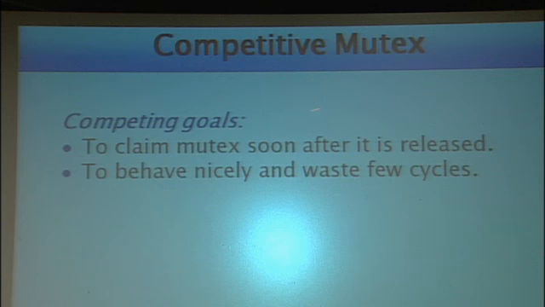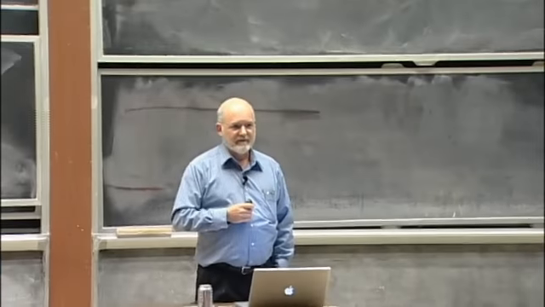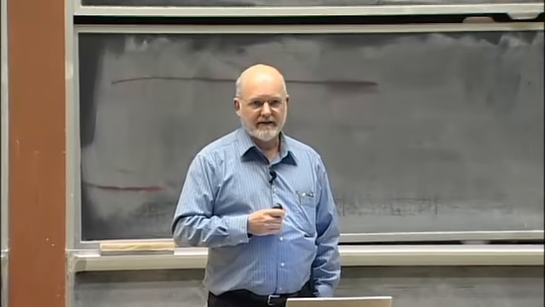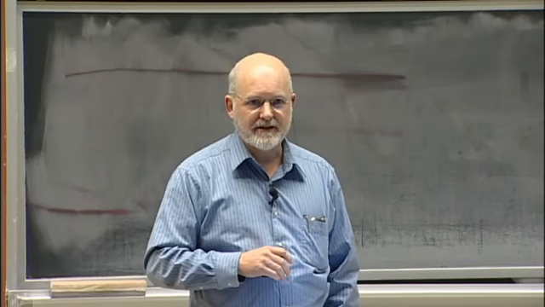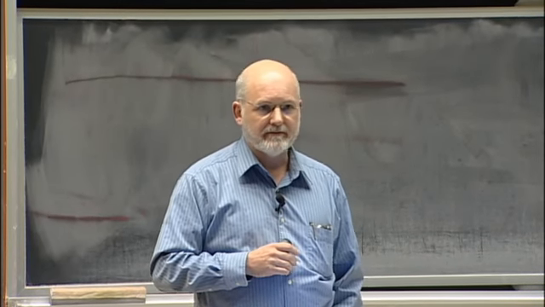One of these goals is the spinning mutex does a great job of claiming the mutex soon after it's released. The yielding mutex behaves nicely and wastes few cycles. How about, is there the best of both worlds? There's certainly the worst of both worlds, right? What's the best of both worlds? How might we accomplish both of these goals with small modification to the locking code?